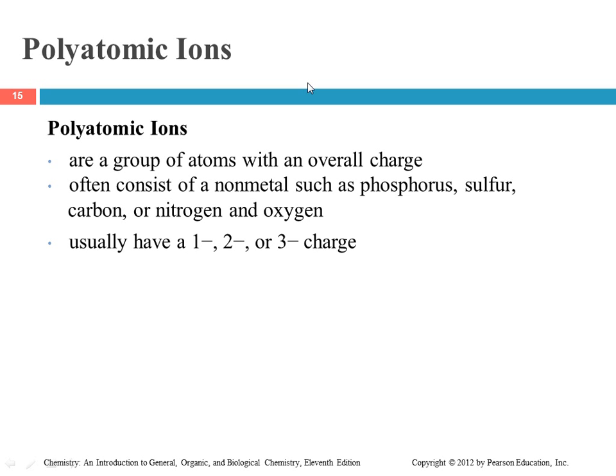So your oxygen, sulfur, carbon, and nitrogen are typically the elements that are used for polyatomic ions. They usually have a charge of 1-, 2-, 3-. There's one polyatomic ion that has a positive charge, and that's ammonium. It's the only one, and that was the first one on this list that I have handed out.